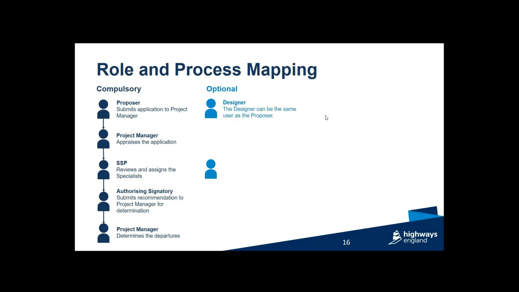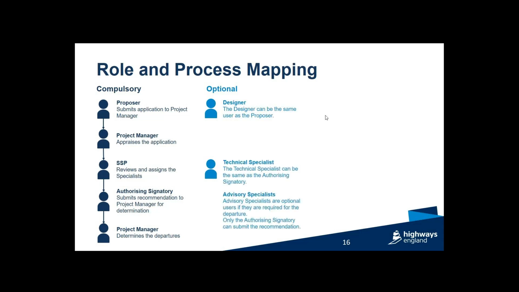Some of the other roles are optional roles. For example, the designer. The designer and the proposer could be the same user, and that's why the designer is listed as optional here. And secondly, we have the technical specialist and the advisory specialist. So the technical specialist also could be the same as the authorizing signatory.